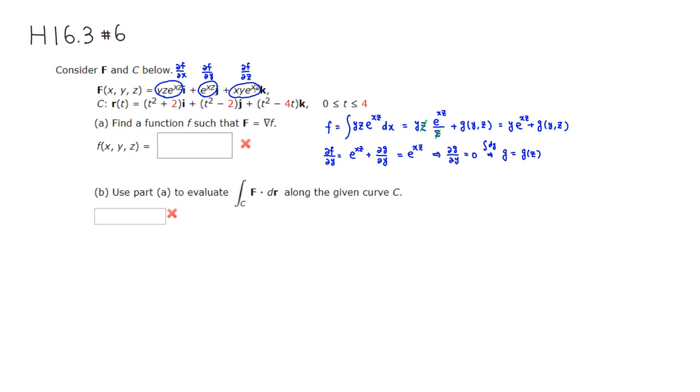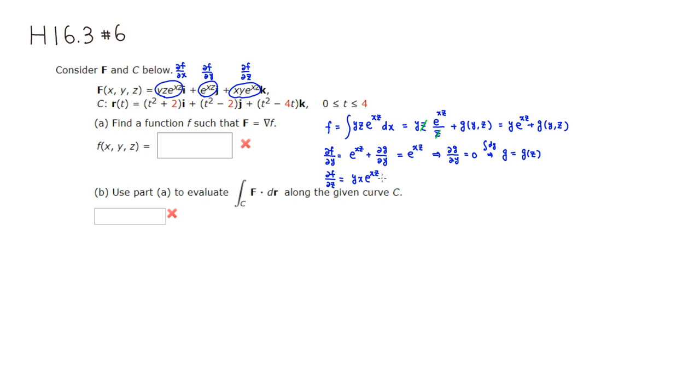Then we have to make sure that the partial of f with respect to z matches the third component. So we take the partial with respect to z. y is just a constant, and the partial derivative of e to the xz with respect to z would be x e to the xz.